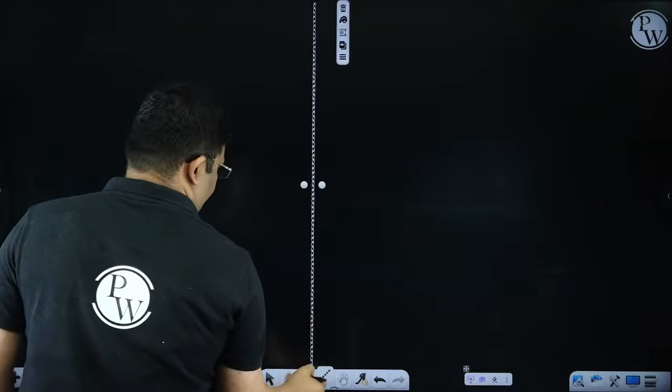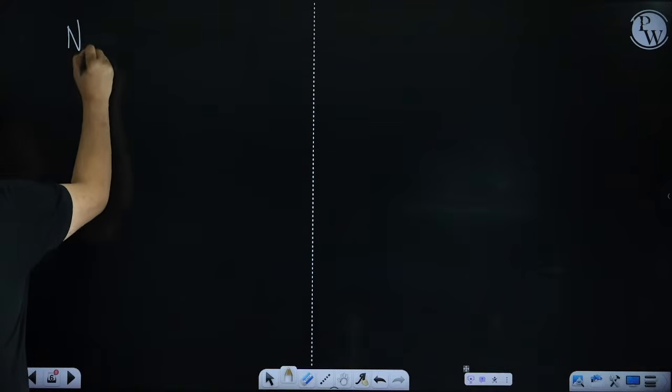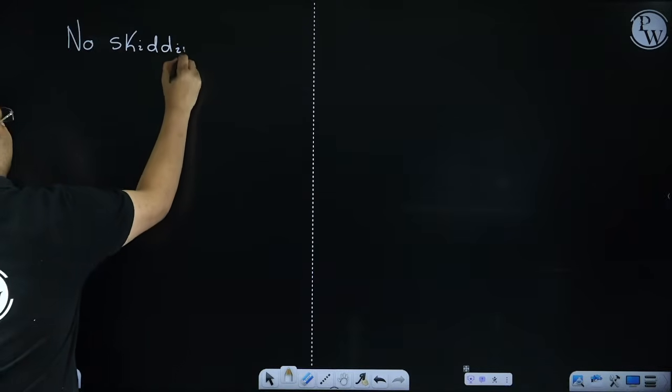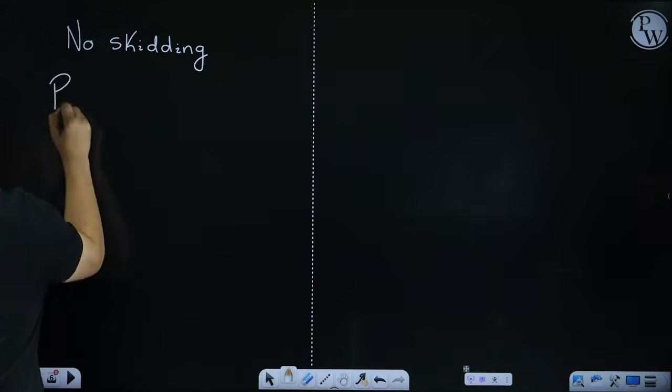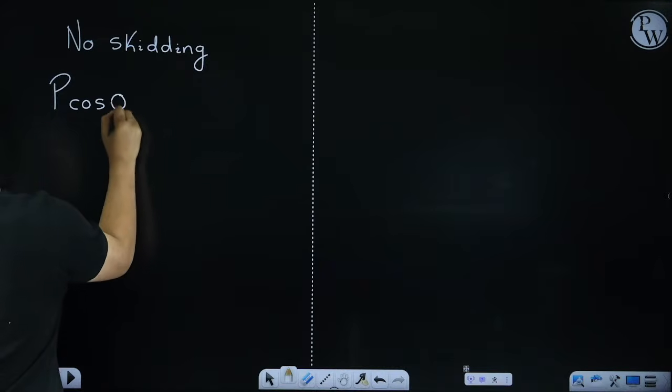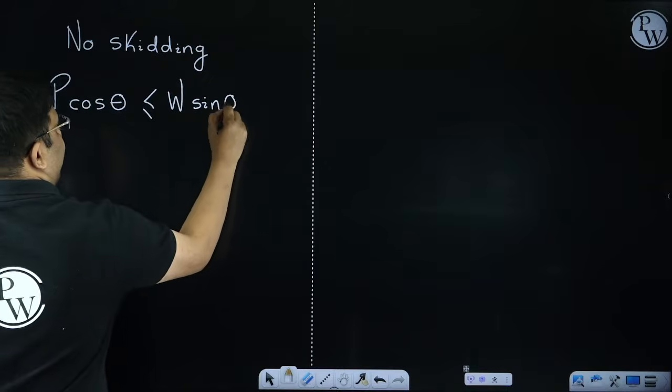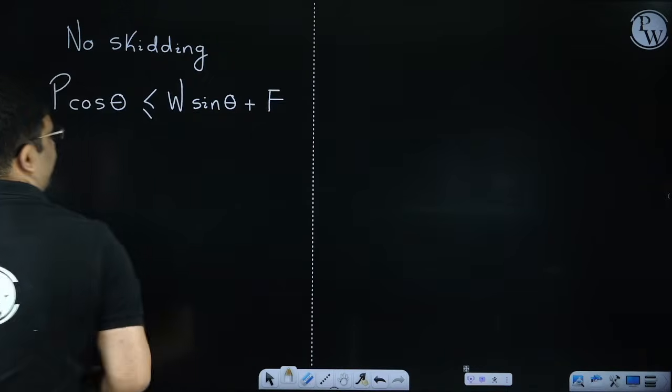Now for the no skidding condition, P cos theta would be less than or equal to W sin theta plus your friction force.